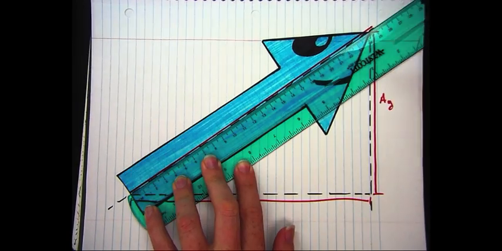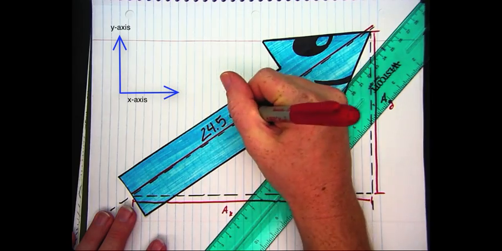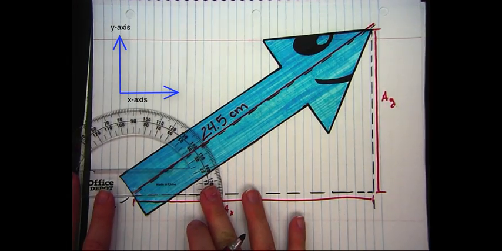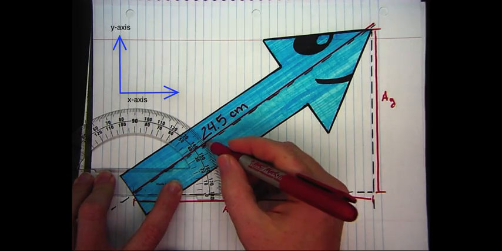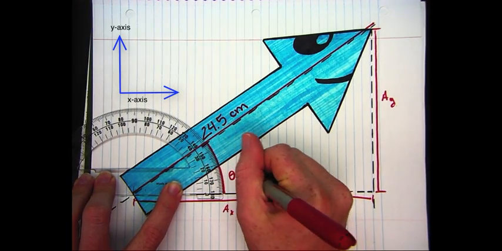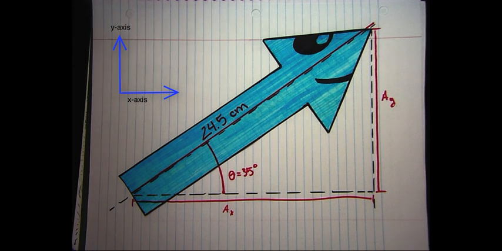Let's do an actual example. Big blue. We want to define its magnitude by measuring it with a ruler. Keep in mind the accuracy of a ruler, and then you're going to use the protractor to measure its angle. Line up the x-axis with your 0 and measure to where the vector lines up with the best angle. Here it's 35 degrees.